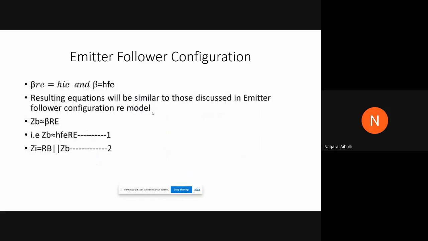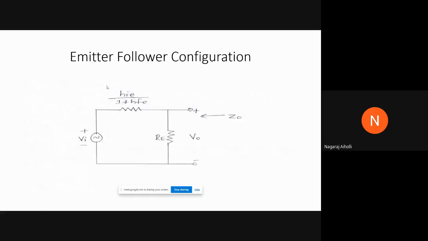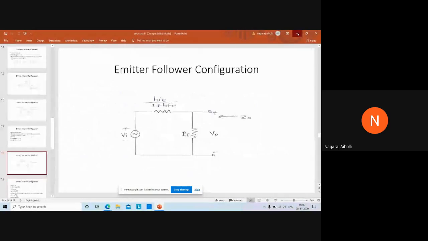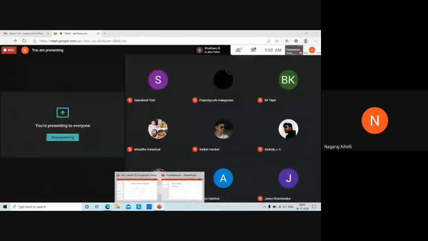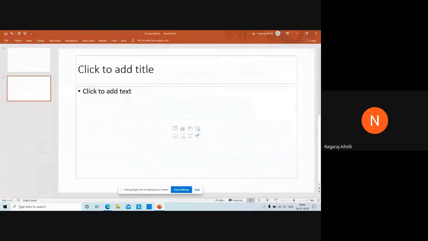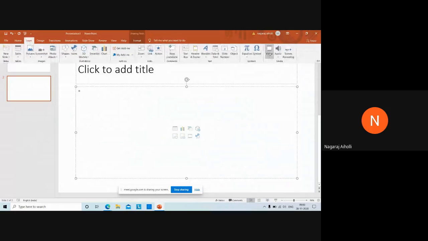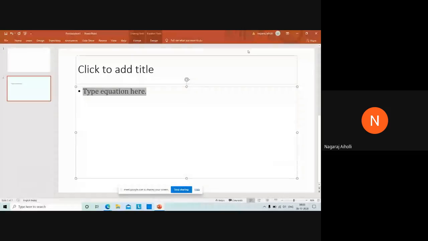We can check it. HIE divided by 1 plus HFE.